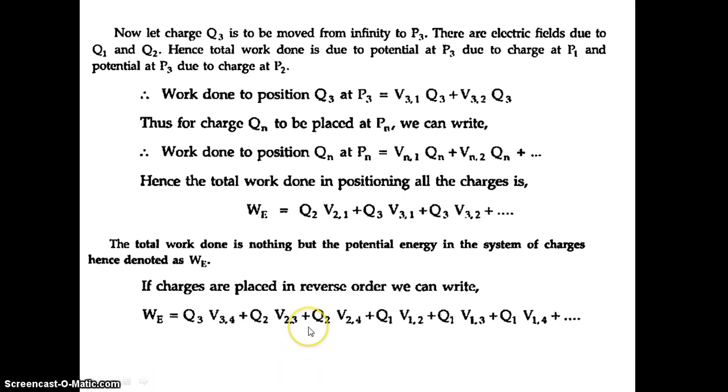Initially when Qn is placed, no work is done. When Qn minus 1 is placed, there will be potential due to Qn. Like that we write in reverse order, and this is the expression for We.